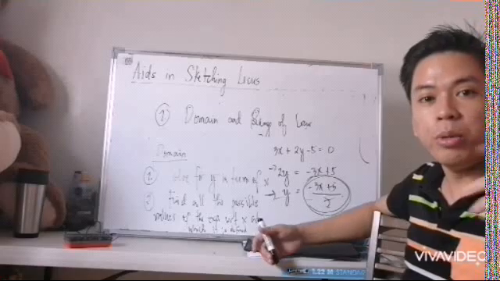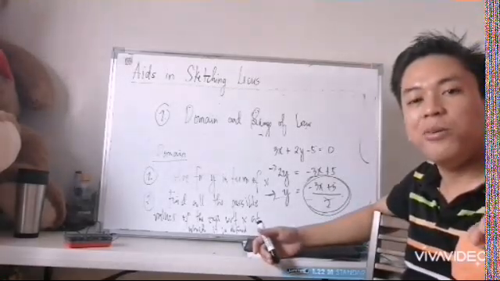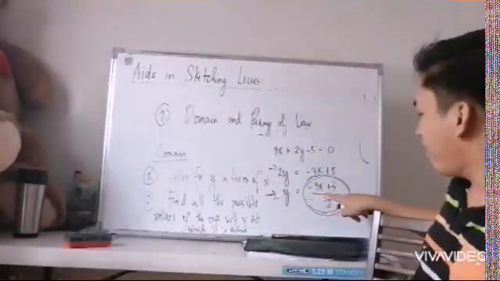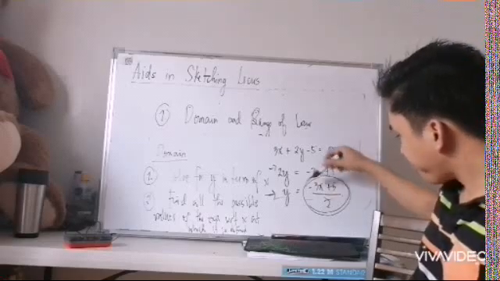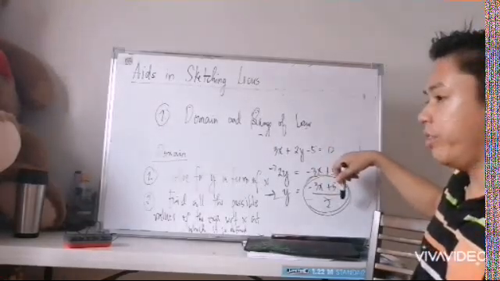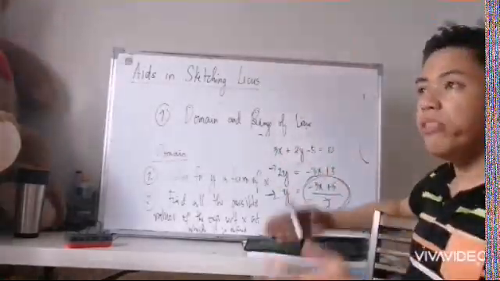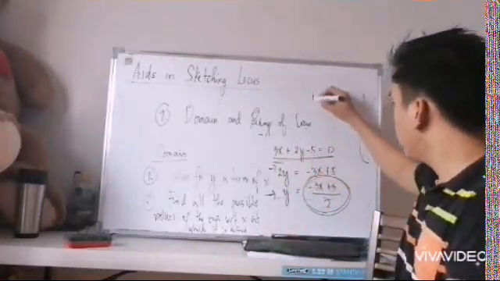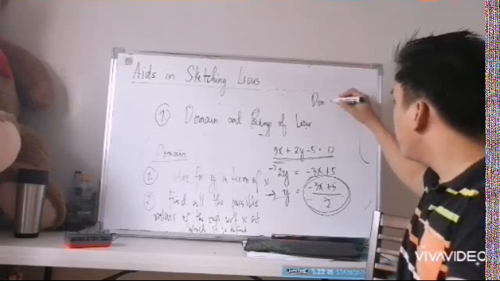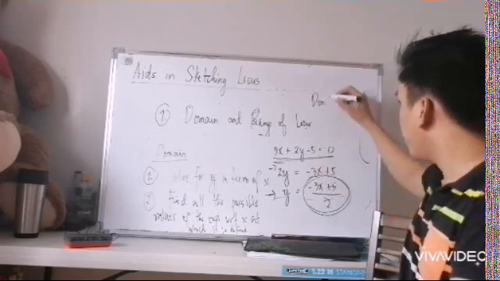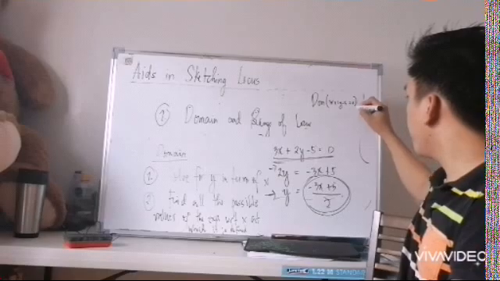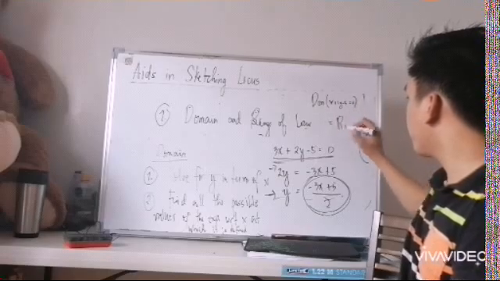I guess not. If you are able to find one, I'll give you 500 pesos. But technically, no. There's no such value in the real numbers at which this expression will never be defined. Therefore, all the values of the set of real numbers can satisfy this expression, which means that the domain, let's denote this by dom, of the locus of 3x plus 2y minus 5 equals 0 is equal to the set of real numbers.